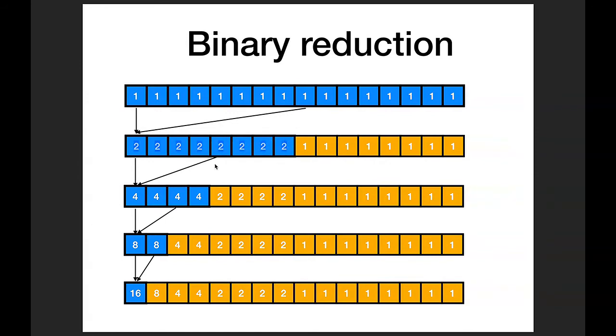And at the next step, we have fewer threads involved. So now there's only 4 threads involved in this picture. Let's say the initial thread 0 takes this element, adds it together, and populates this element. And then again, we repeat the same process. We have half of the threads involved, and then half of the threads involved.